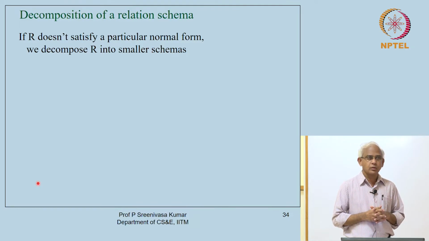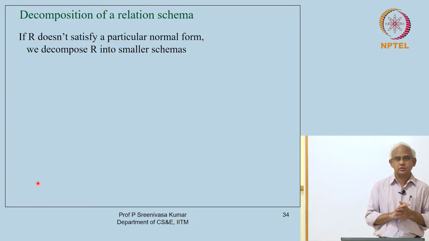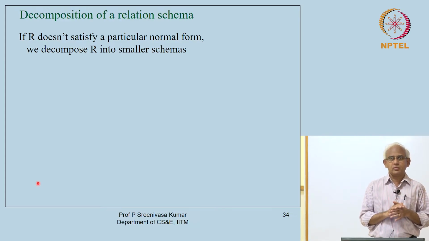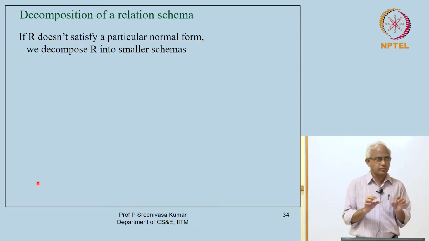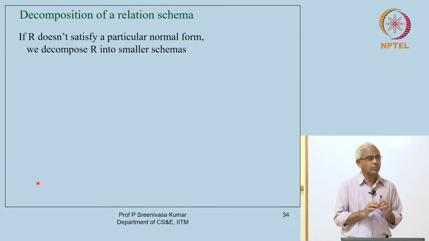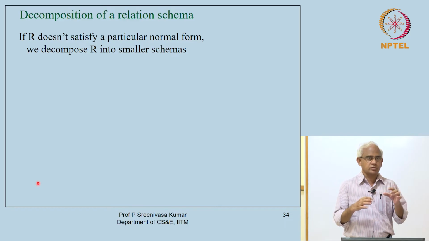Now, a typical situation that we have seen in the last lecture was that we find a certain relation not satisfying a particular normal form, and then we decompose that relation.